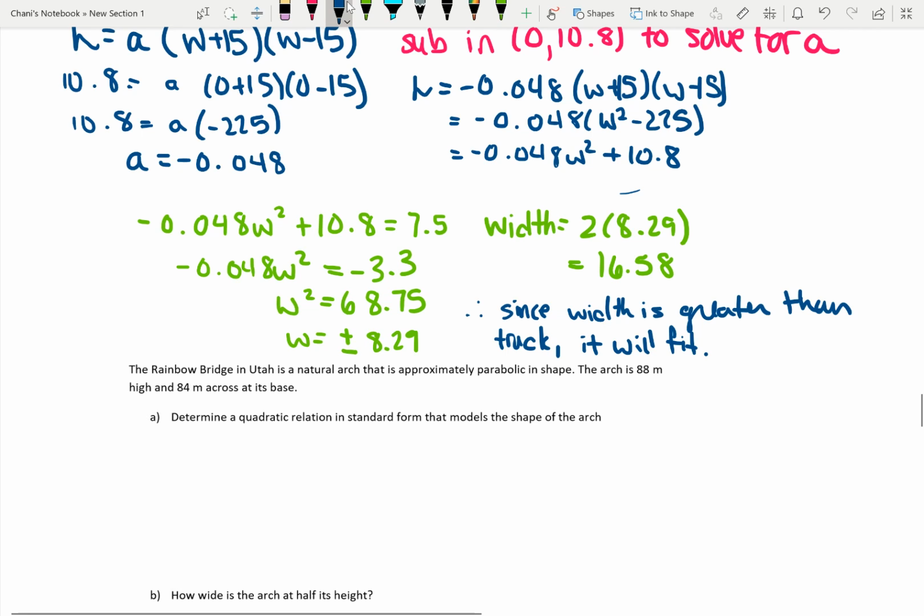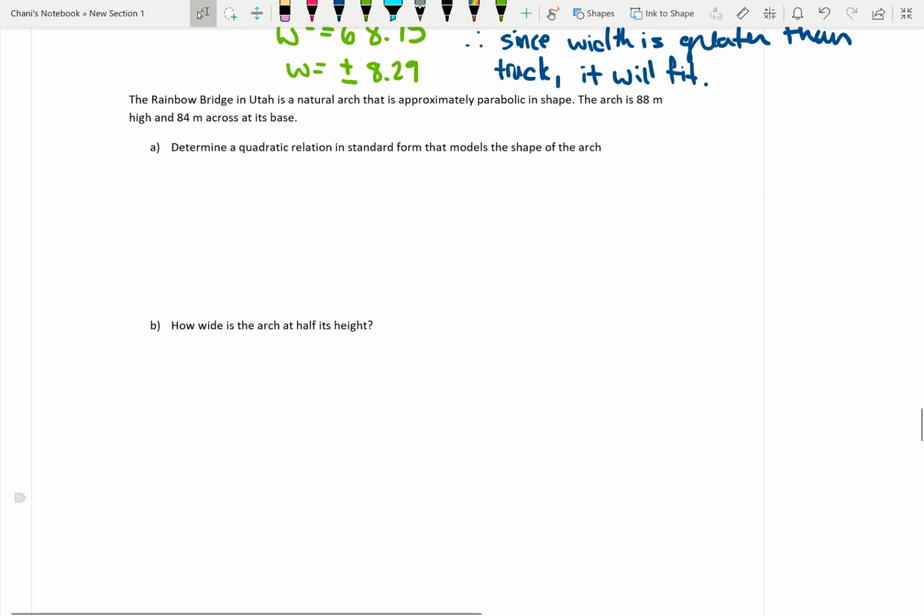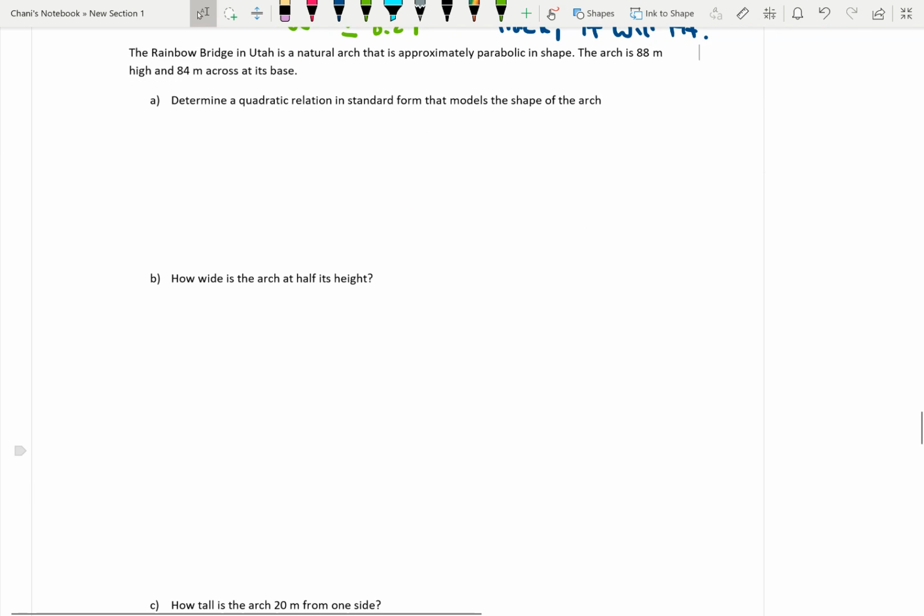You divide that by 2. It shows you how much room you would have on either side. Talking about how important it would be to go right down the center of the parabola. Lots of little ways that you can add understanding and showing that you're connecting the math to the actual situation. And that's the kind of place to get level 4s in your thinking and your application marks.